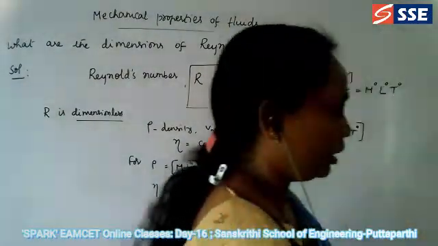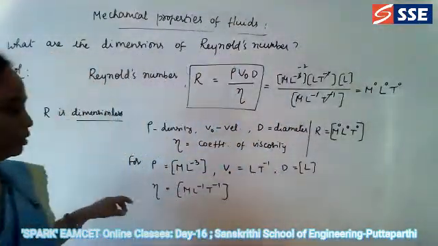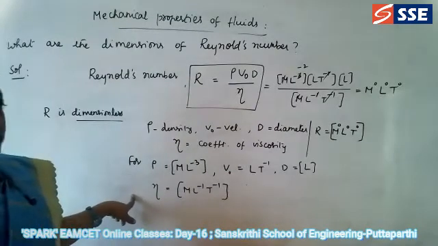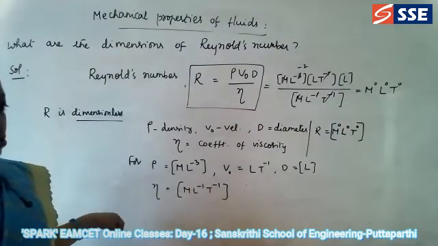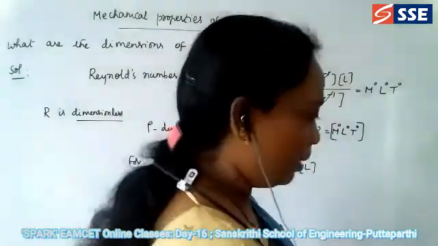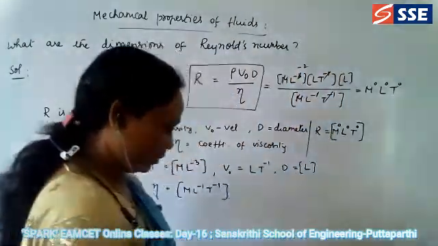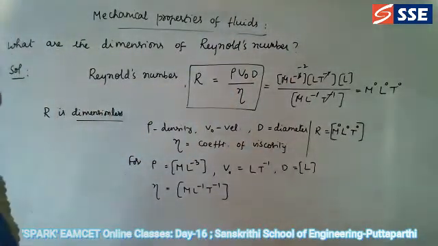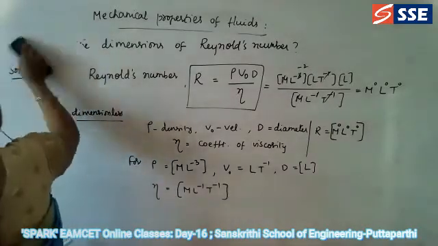Clear? Note down the dimensions for Reynolds number, and if it is over, then we'll go for the next problem, and then mechanical properties of fluids. Next one. Over? Next. What should be the next? We will remove this one.